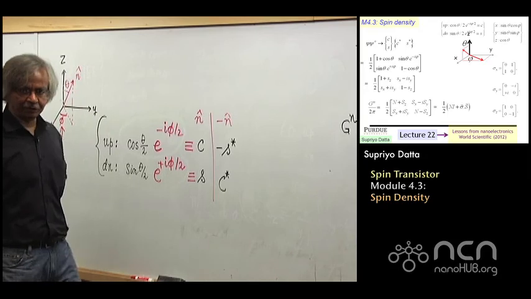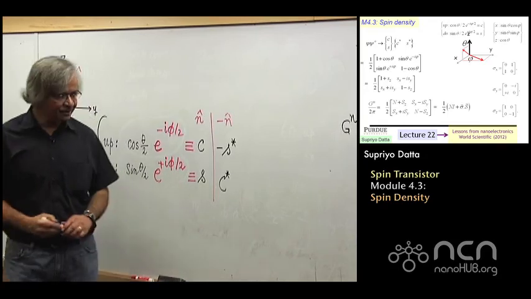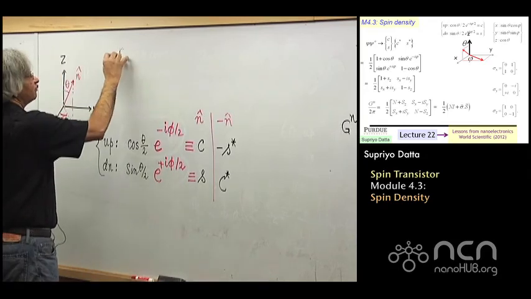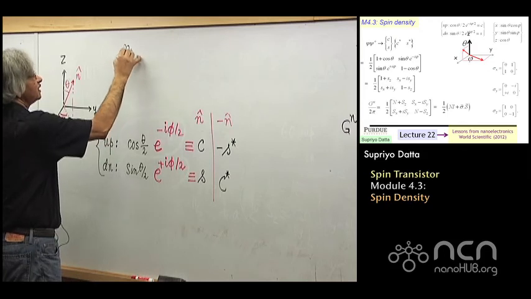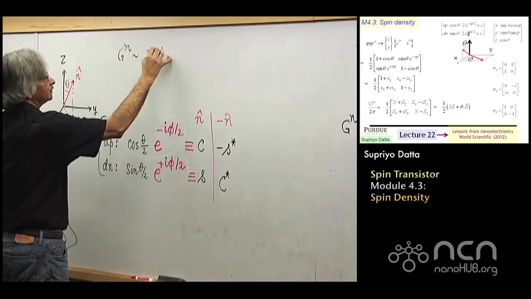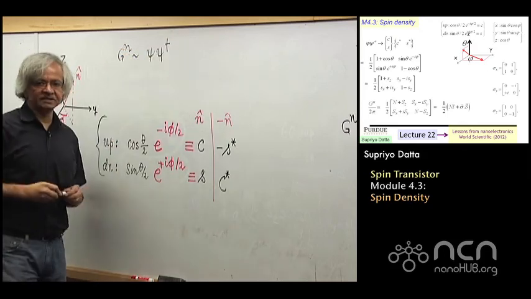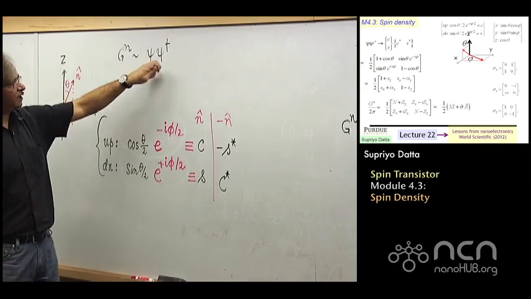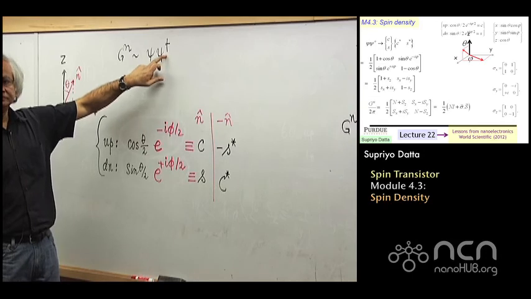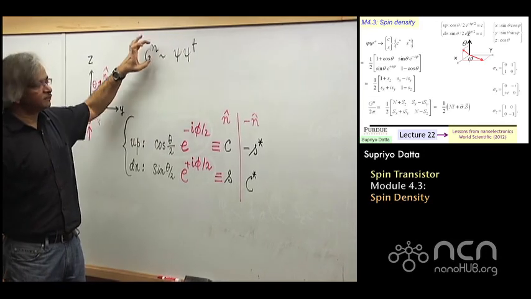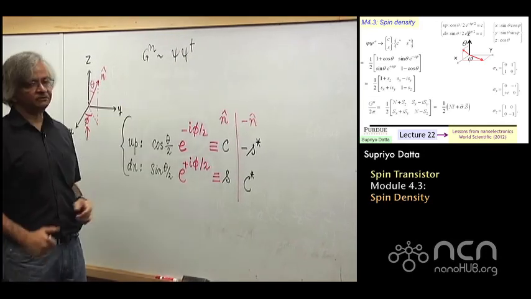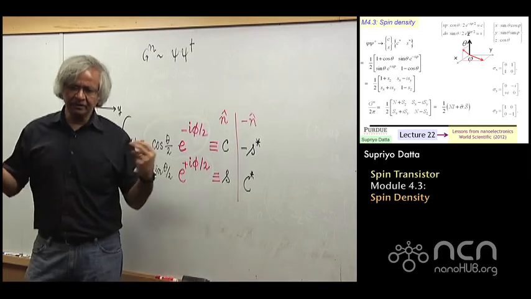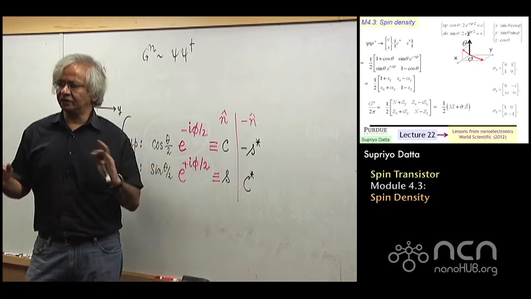Sometime back when we were doing the NEGF equations, I said, well, what is this Gn like? Well, it is like this psi psi dagger. That electron has a certain wave function, and you multiply it by its conjugate transpose, and that's what gives you the Gn. The reason this is convenient is, when you have many electrons, you cannot add their wave functions.